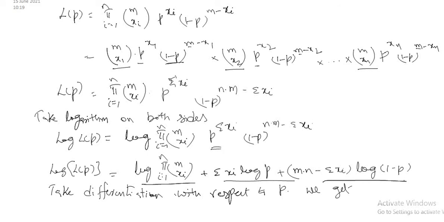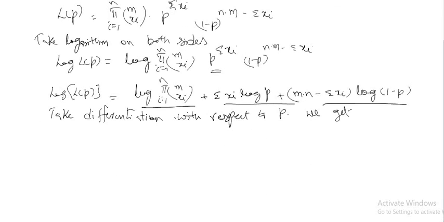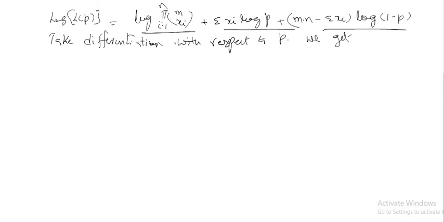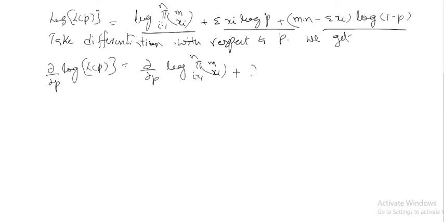Differentiating this with respect to p: dou by dou p of log of L of p equals dou by dou p of log of product over i equals 1 to n of mC xi, plus dou by dou p of summation xi log p, and then dou by dou p of m into n minus summation xi.